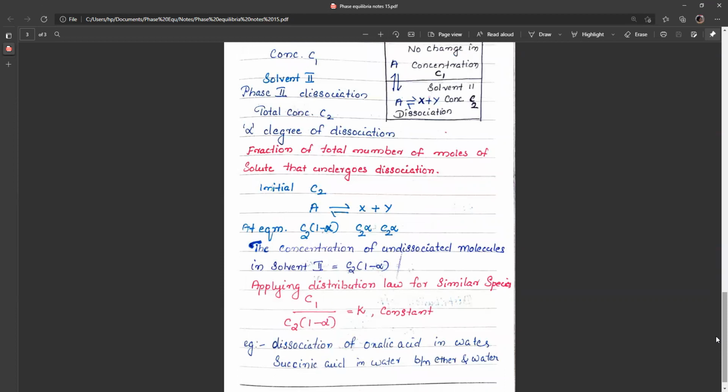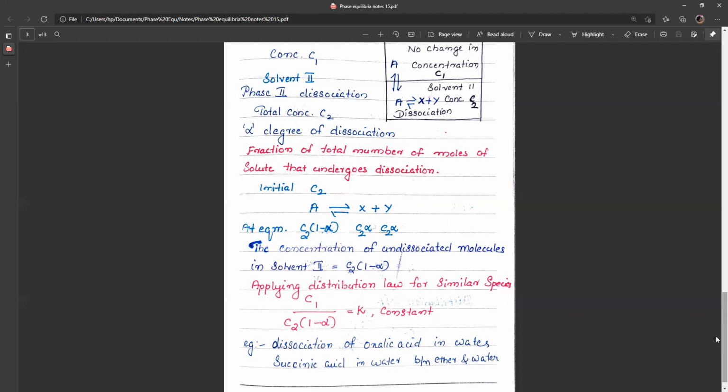Examples are the dissociation of oxalic acid in water, and succinic acid distributed between ether and water. These are examples of systems in which the solute undergoes dissociation in one of the solvents.